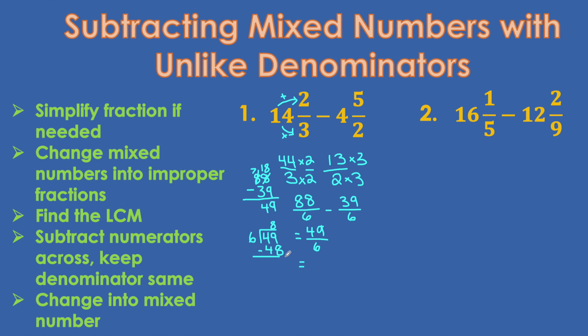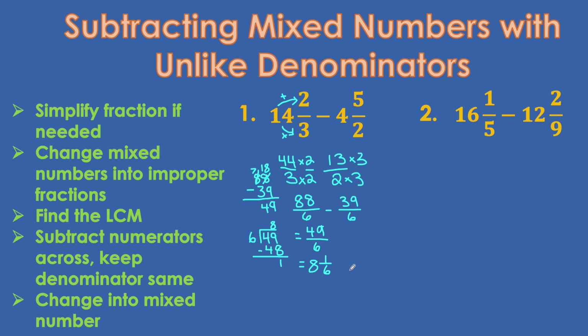Subtract. 49 minus 48 is 1. So we have 8 and 1/6. And that is our final answer, 8 and 1/6.